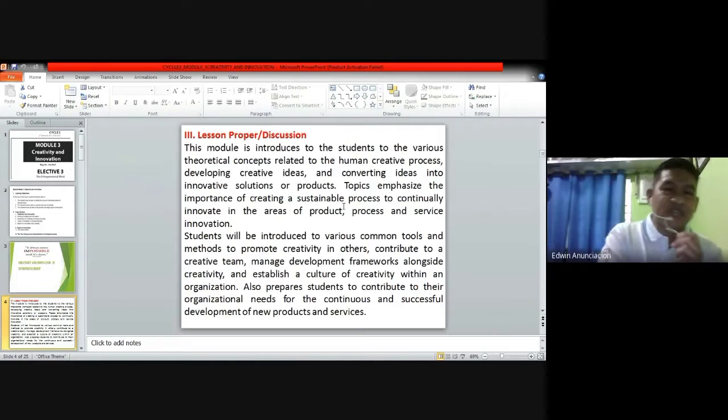The same is true with process and service innovations. So sa process po, hindi pwedeng we are always depending on what we have now.